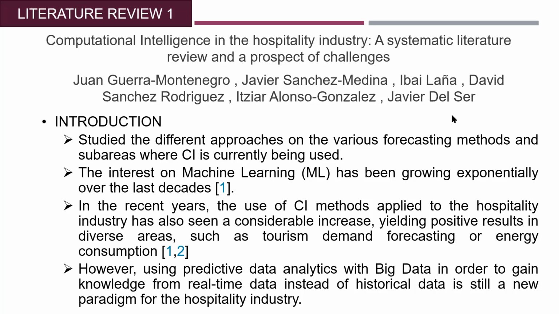In recent years, the use of CI methods applied to the hospitality industry has also seen a considerable increase, yielding positive results in diverse areas such as tourism demand forecasting or energy consumption. However, using predictive data analytics with big data in order to gain knowledge from real-time data instead of historical data is still a new paradigm for the hospitality industry.